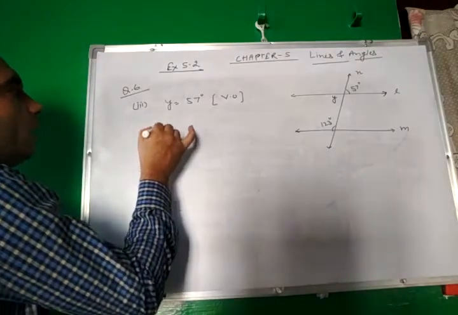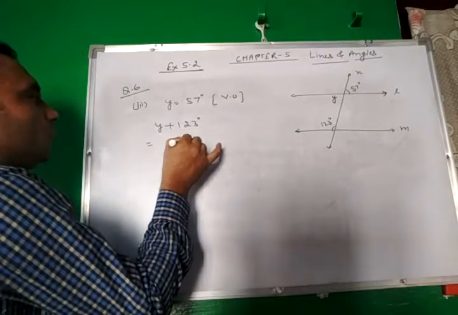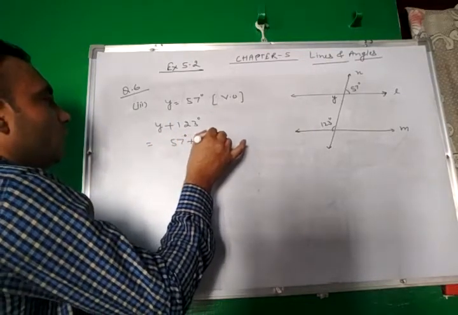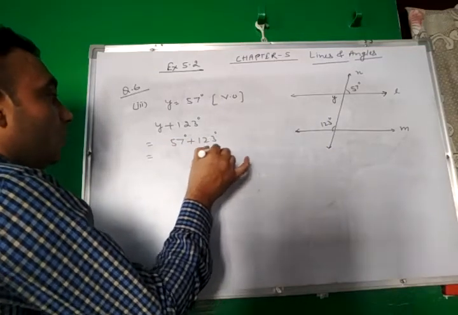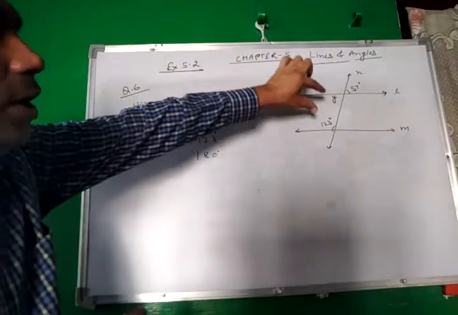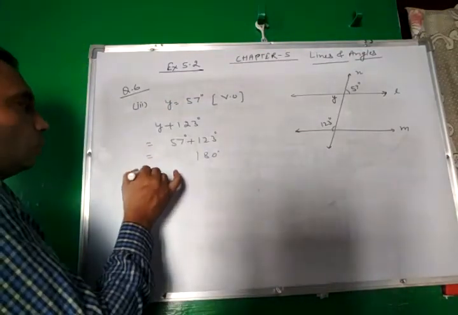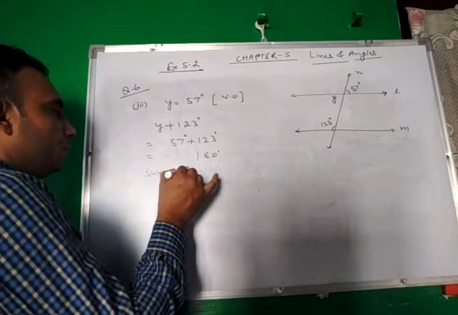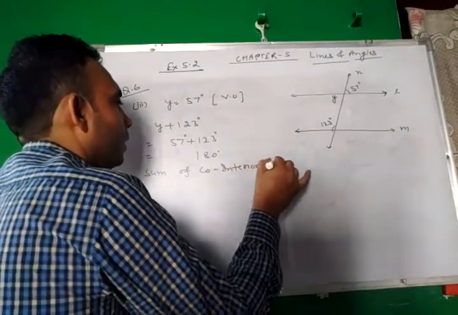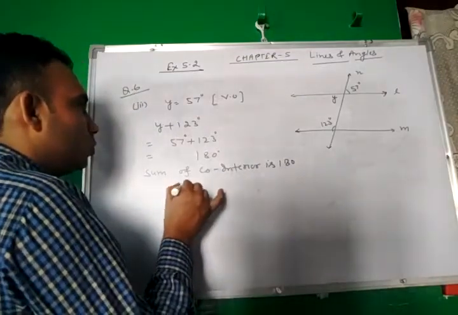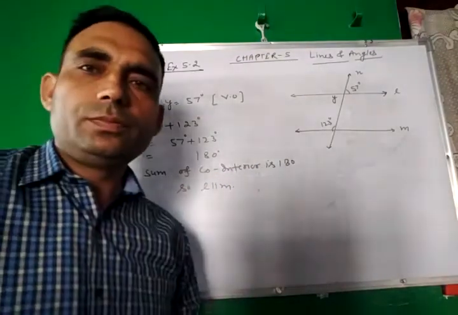Y plus 123 is equal to 57 degrees plus 123, which is 180 degrees. These are co-interior angles and this sum is 180. So L is parallel to M. The sum of co-interior angles is 180, so L is parallel to M.